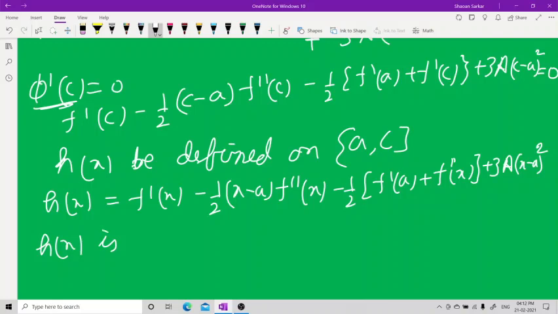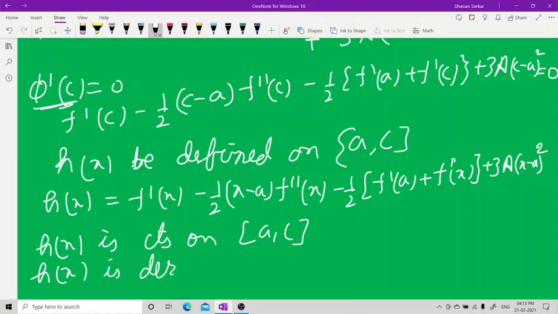Now hx is continuous on [a, c] and derivable on the open interval (a, c).